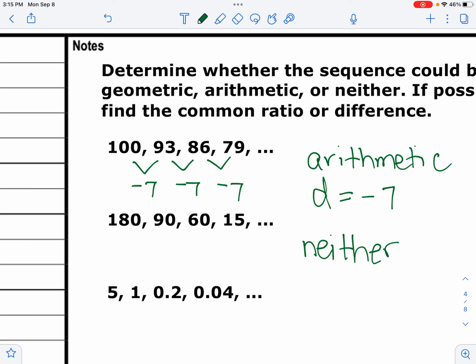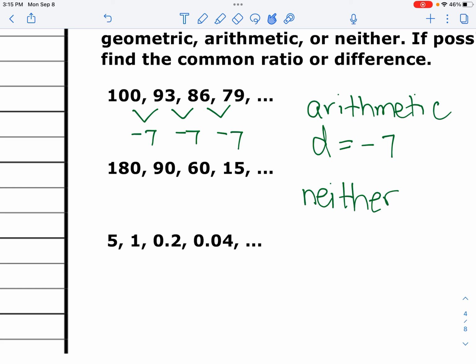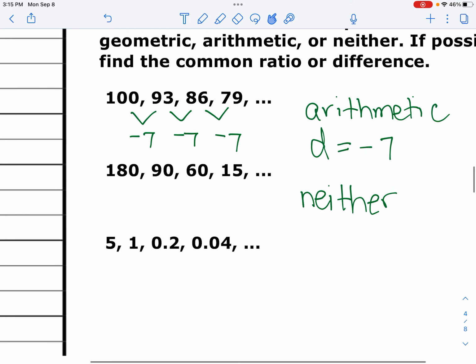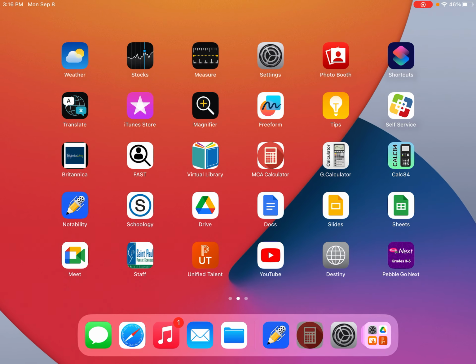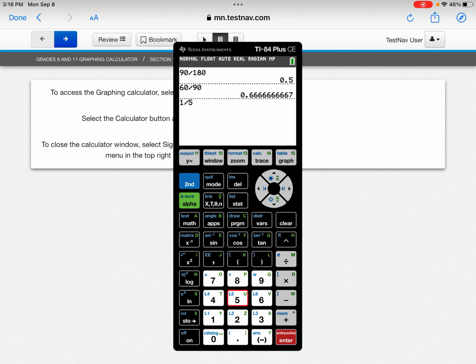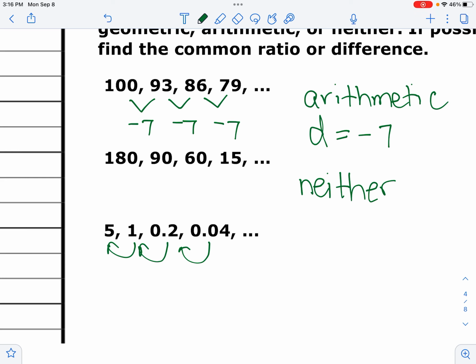Okay. How about this last one here? It's decreasing, but it's not decreasing by the same number, so it's not arithmetic. Let's try geometric. So I'm going to again work backwards, and on each of these just divide and see if it's the same. So I'm going to go 1 divided by 5. That's 0.2. And then, if we try this one, I got 0.2 divided by 1.